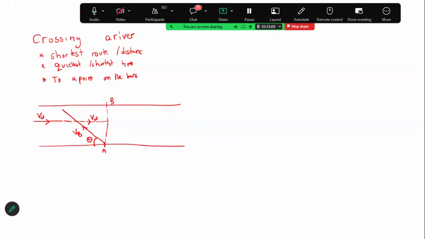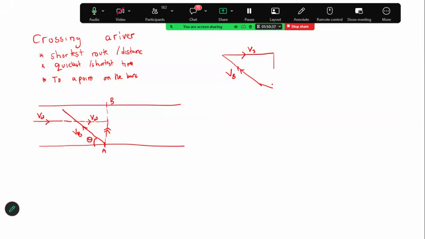Now, number two, as you deal with this kind of approach, you need to know what is the resultant velocity. Like I've said, that resultant velocity means the velocity that combines the two. So my resultant velocity is going to be here. This is your boat, and here they are pushing you, the water.